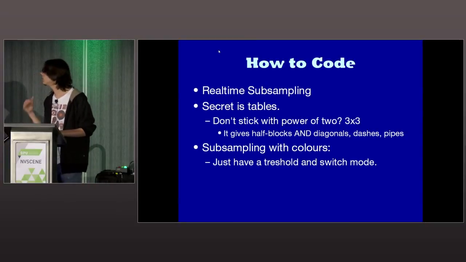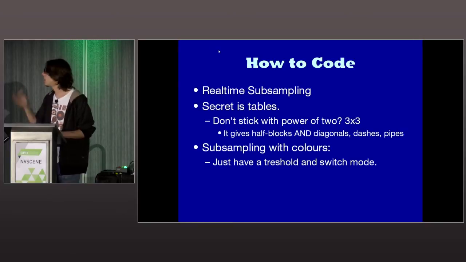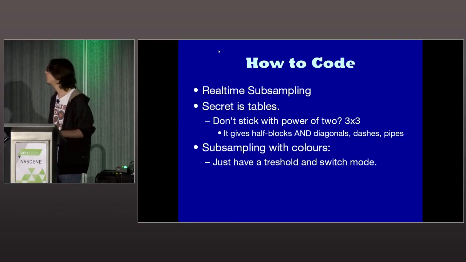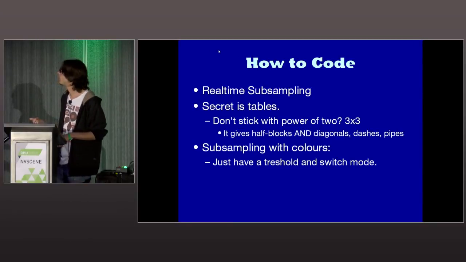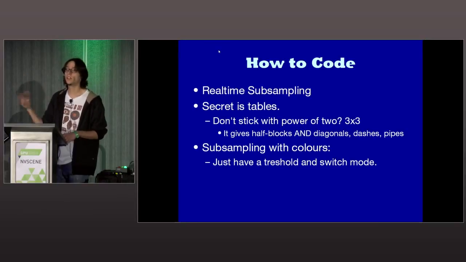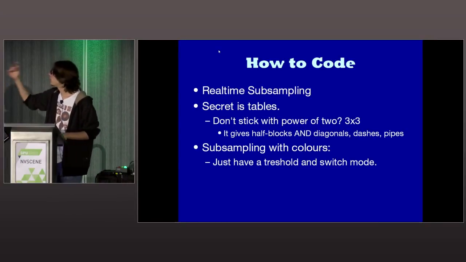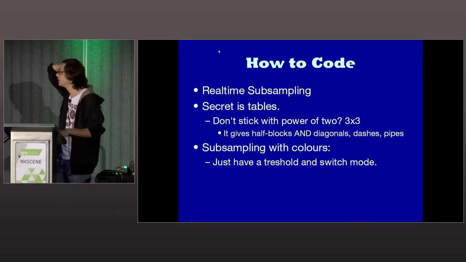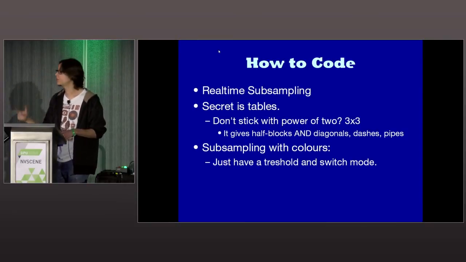What it gives you is that all the diagonals, the dashes, the pipes, stuff that is centered in the middle of your character, you will be able to use, which for a 2 by 2 grid just wouldn't make sense. And like I was explaining, mixing them with colors is quite easy, actually. You just have to make the 2 modes and switch from one to the other.